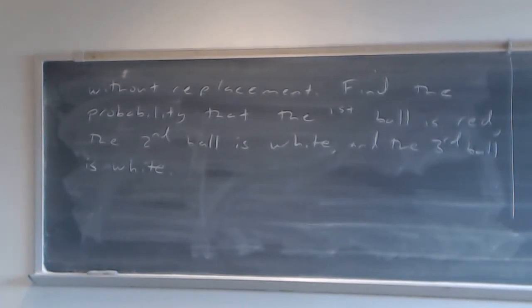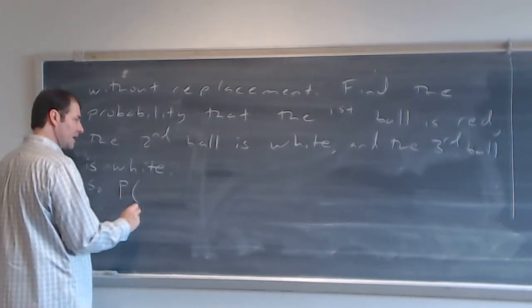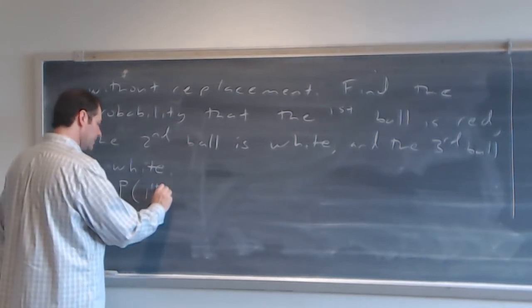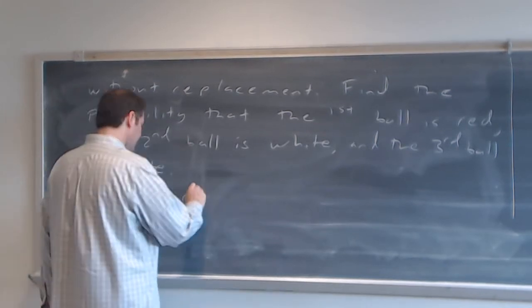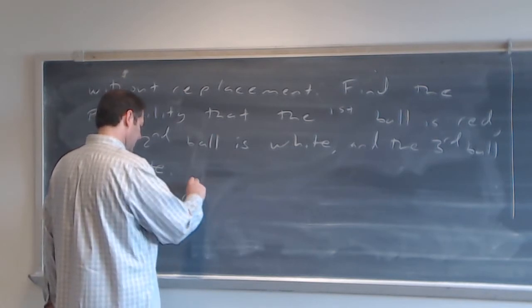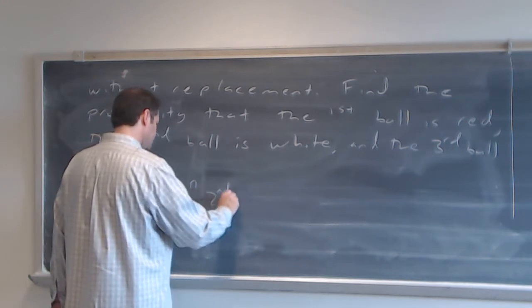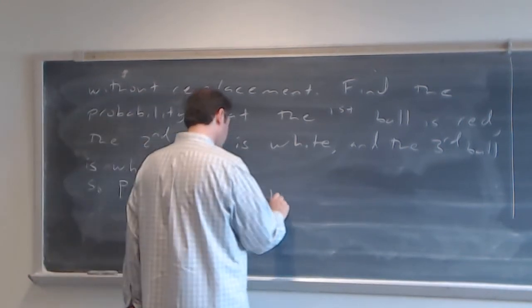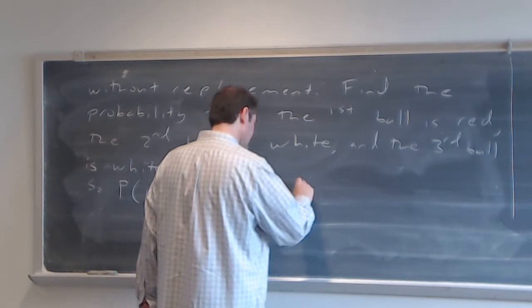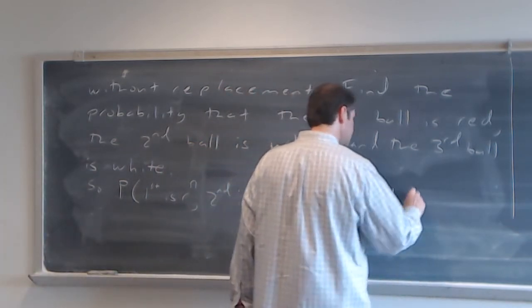Okay. So we're going to use this multiplication rule. So the probability I'm going to denote this: first is red, comma, and comma means intersection, the second is white, comma, that's the intersection, and the third is white.